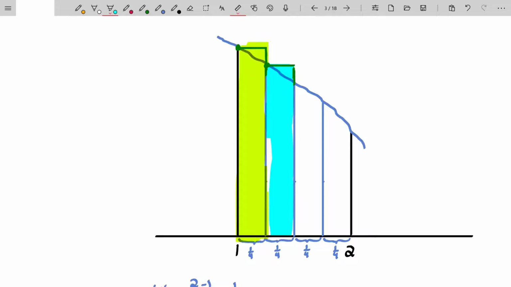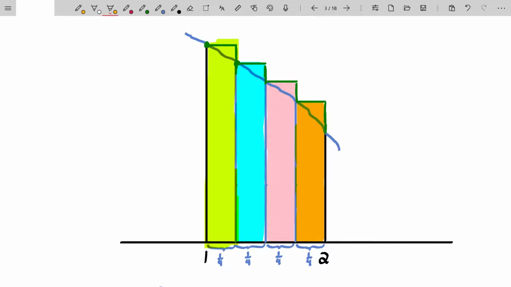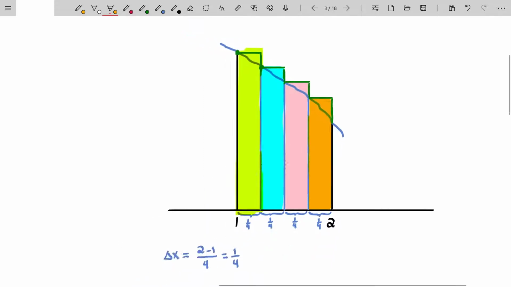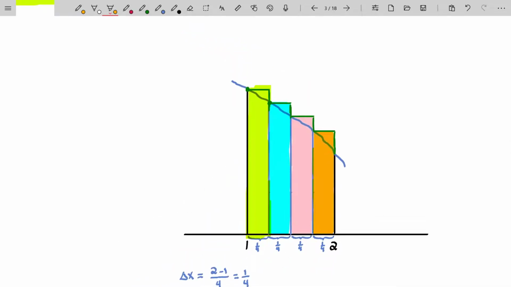And then the next slice will do the left endpoint, and so on and so forth. And when you're done, you have these colorful little rectangles, and you can easily compute an approximation of the area underneath this curve by summing up the areas of all those rectangles. Notice that you will have to find the function values at each of those edge points.